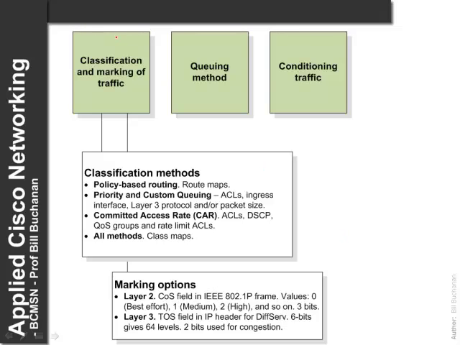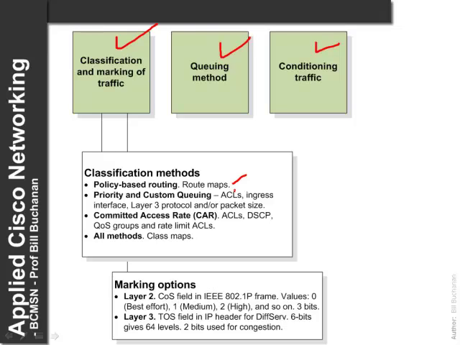So the basic process is that we typically define the classification and/or the marking of the traffic. We then define the queuing method and the conditioning on the traffic. For classification methods, we can go for policy-based routing, such as route maps. We can prioritize or create queues.